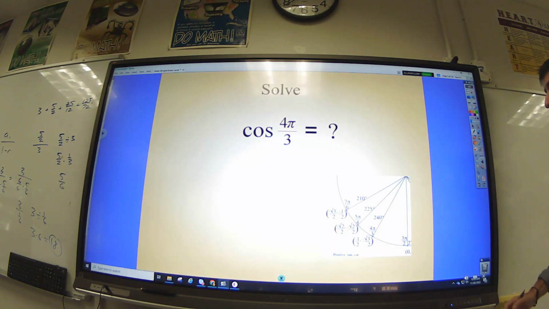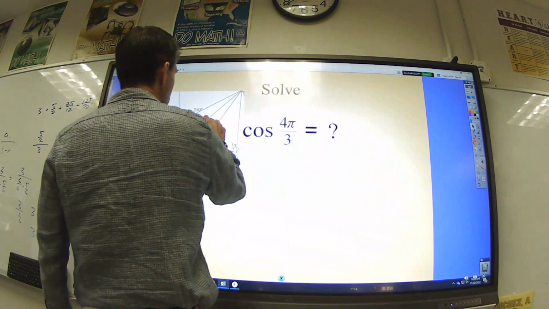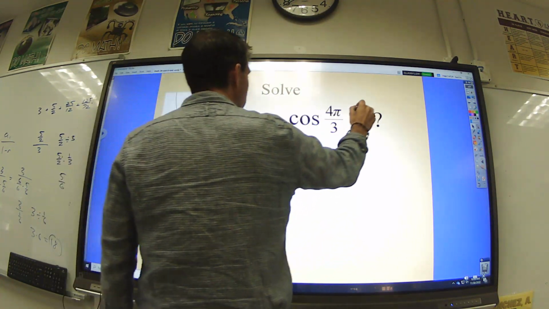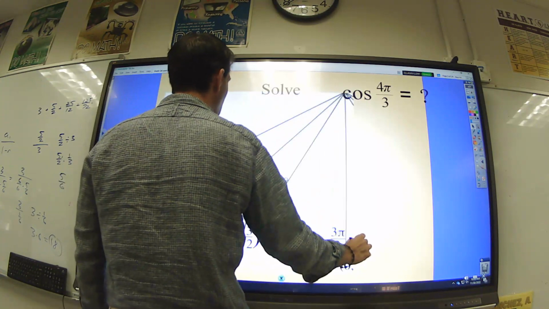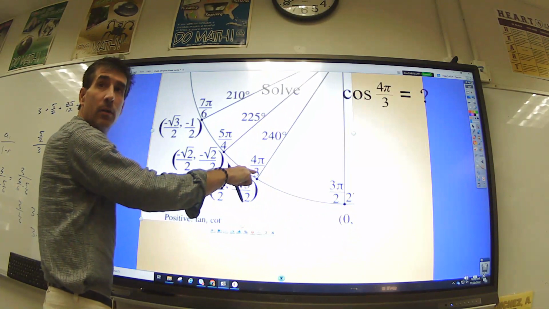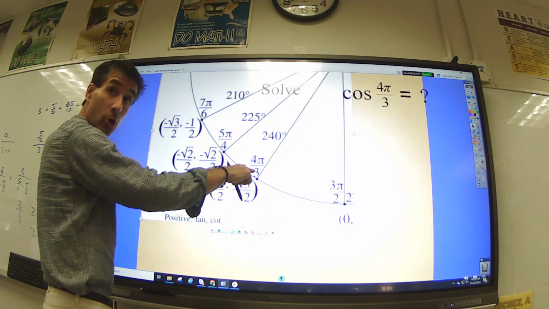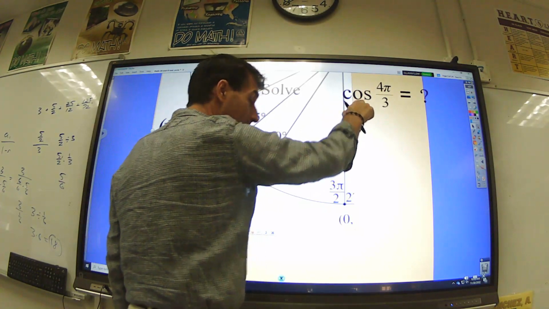Okay. Those of you who have no idea what I'm talking about, I have this little thing up here. Look at here. 4 pi over 3. Can you see it? Let me move this around. I make it really big. Do you guys see 4 pi over 3 here? Right on your unit circle? Finding cosine is x, right?